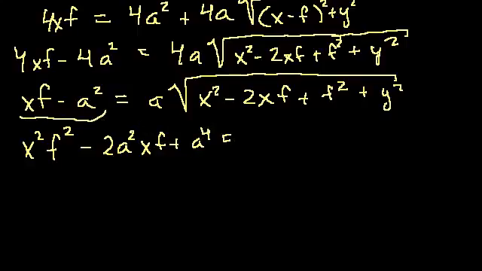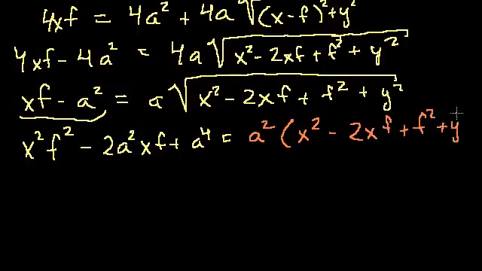And that's equal to, if you square the right-hand side, a² times the square root squared, which is just that expression, x² − 2xf + f² + y². This really is quite hairy. And let's see what we can do now. Let's divide both sides of this equation by a².